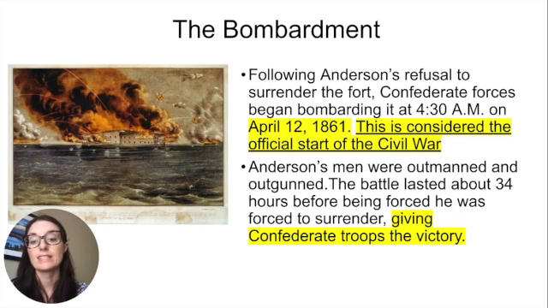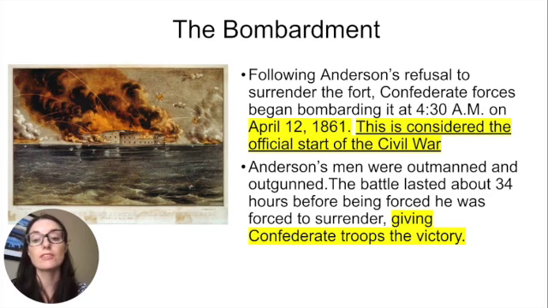The bombardment. This is the actual battle. Following Anderson's refusal to surrender the fort, Confederate forces began bombarding it at 4:30 a.m. on April 12, 1861. This is considered the official start of the Civil War. So remember Anderson, he is the Union general, and he refused to surrender when Governor Pickens demanded that they do so.